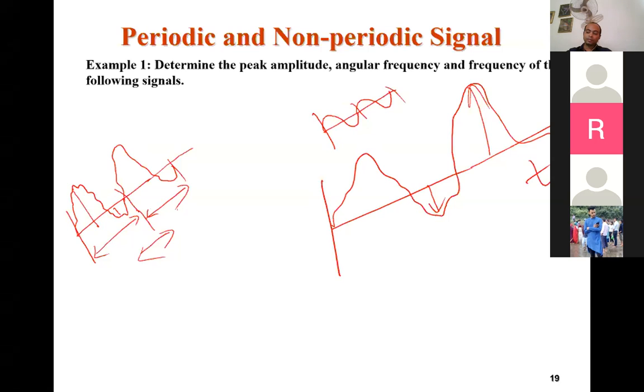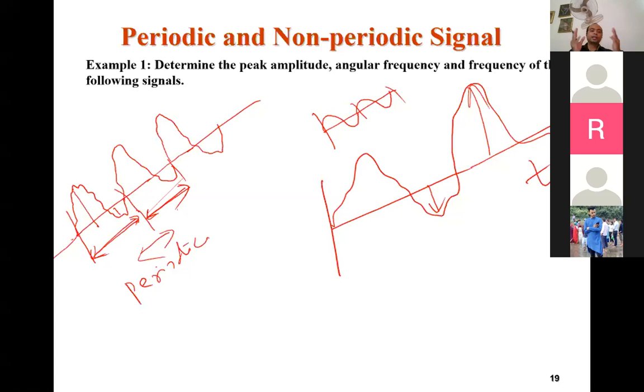But if the first cycle is repeated, the second cycle is also the same as the first, and it continues like that forever. Again, the third cycle should be like this, as well as on the negative side. Then it will be called periodic.